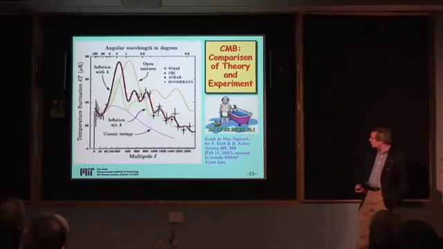For the sake of truth in advertising, I should mention that there is one theory that is actually a lot like inflation, but is sometimes viewed as an alternative to inflation, namely something called the ekpyrotic cyclic model, which, at least according to some calculations, they're actually contradicting calculations, but according to some calculations, gives exactly the same answer as inflation for this problem. So inflation might not be the unique theory that does this.